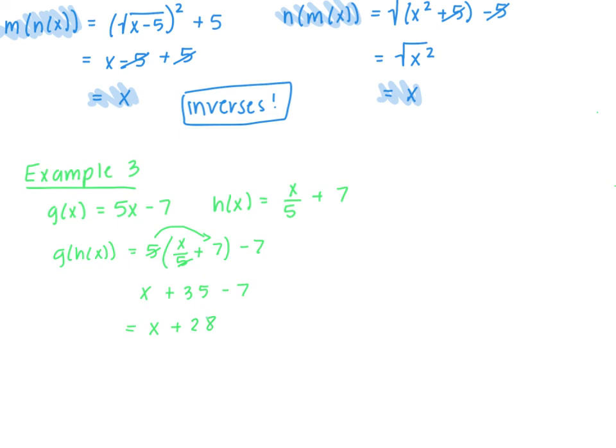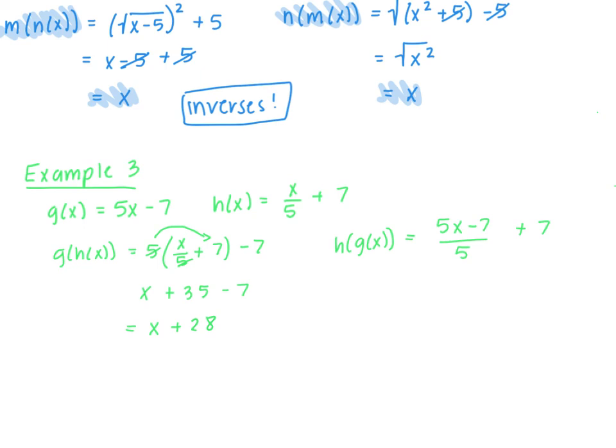So really we could stop here because in order for the two functions to be inverses, both compositions need to be equal to x, but let's do the other one just so we can see what that looks like. So we're going to plug in g of x in for x, and that's going to give us 5x minus 7 over 5 plus 7.